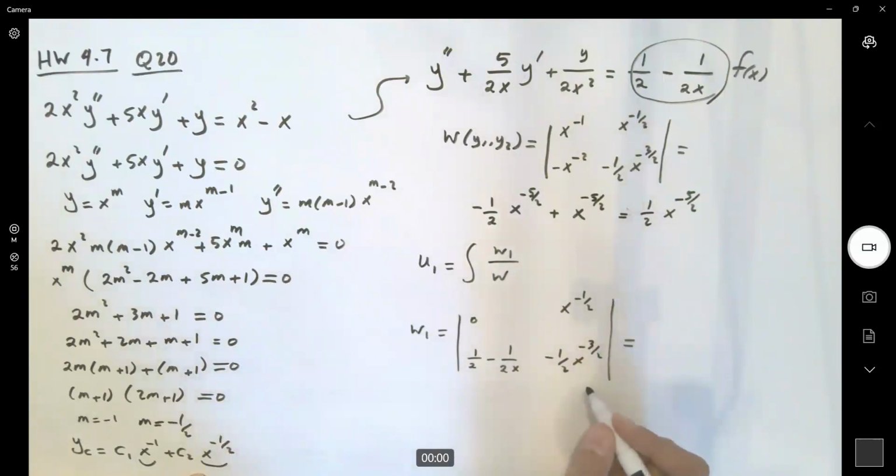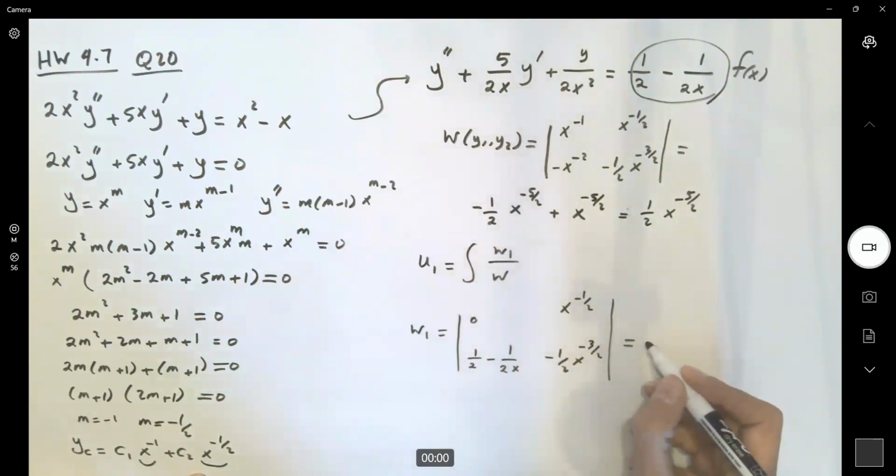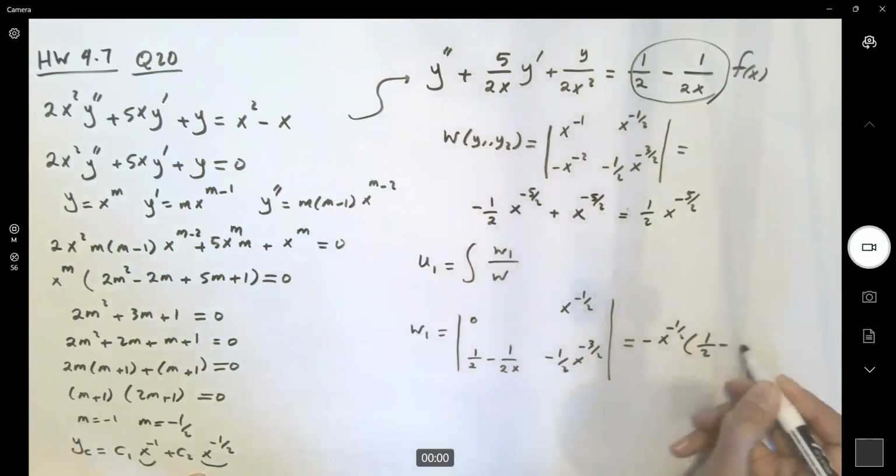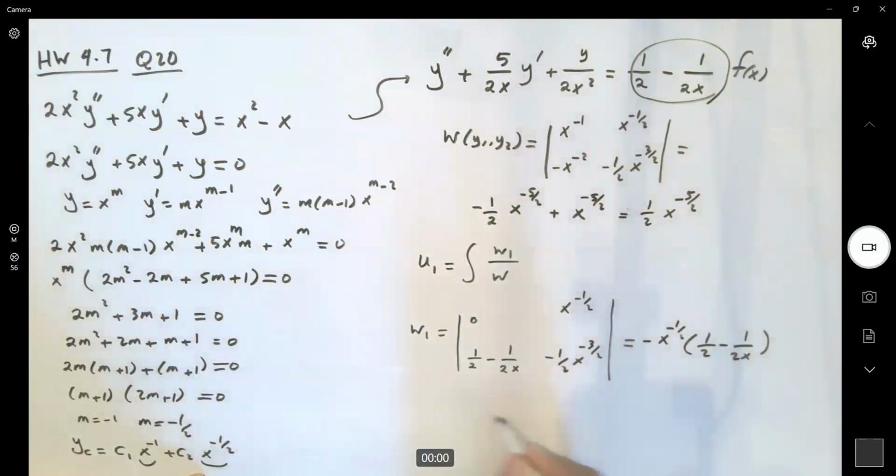So this determinant becomes, this is 0, and if you just distribute this, you get negative x to the -1/2 minus 1 over 2x, which becomes -1 over 2 square root of x plus, if you bring this to the denominator, 1 over 2x square root of x. So this is my w1.